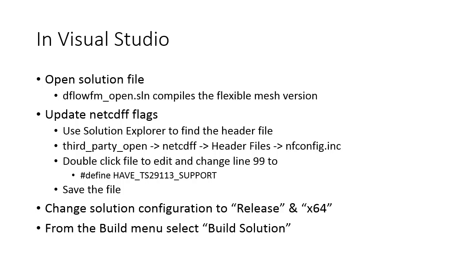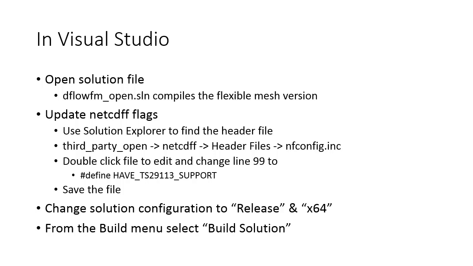So yeah, you need to open a solution explorer to find the header file that needs to be edited, and you go through the folders third party open, netcdff, header files, and then the file is called nfconfig.inc. So you can double click that to open a file and then edit line 99 to make sure that they have TS29113 support flag is defined rather than undefined, and then save the file.